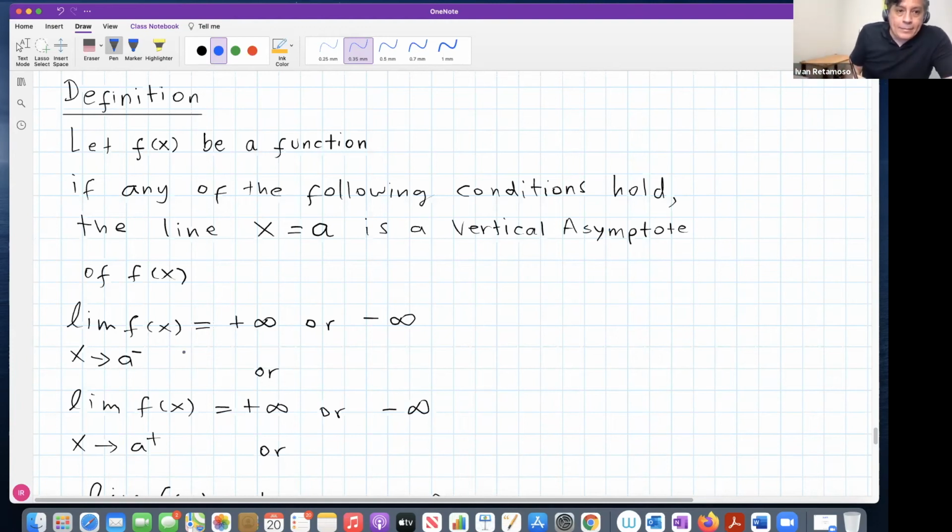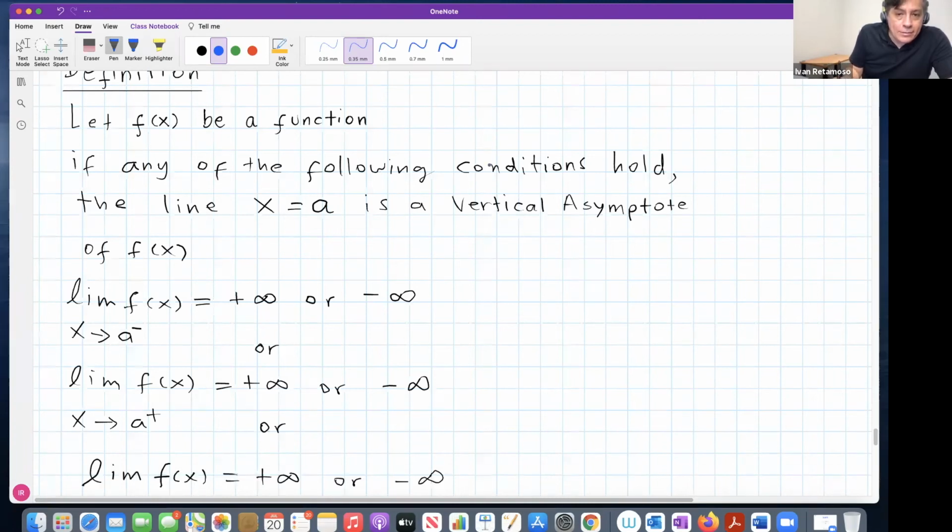So let f of x be a function. If any of the following conditions hold, the line represented by the equation x equals a, where a is some real number, is a vertical asymptote of f of x.